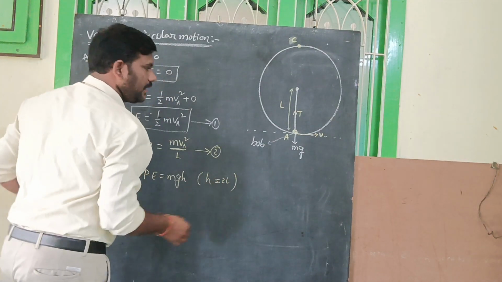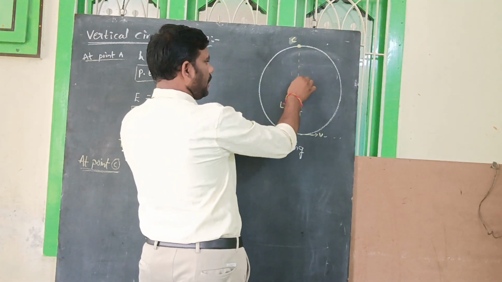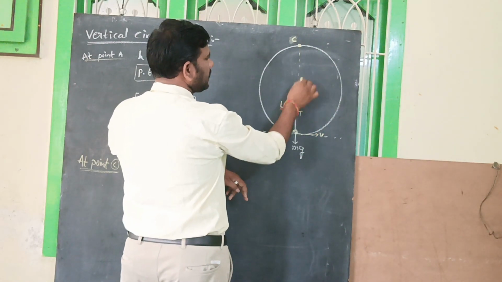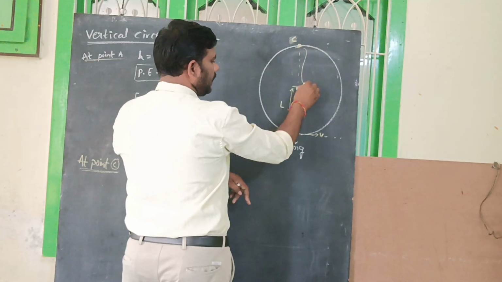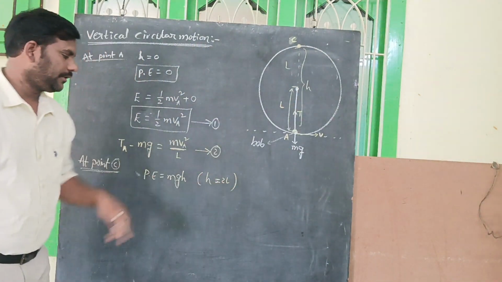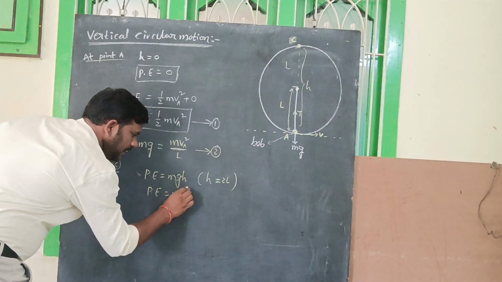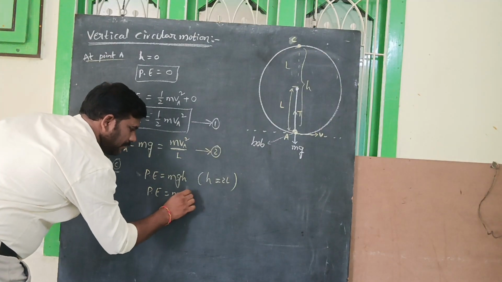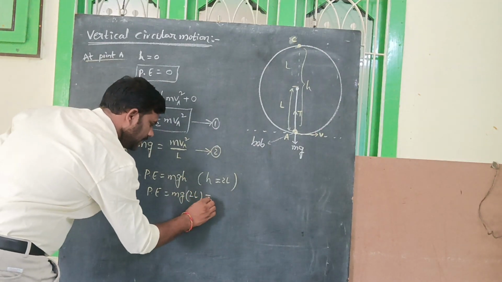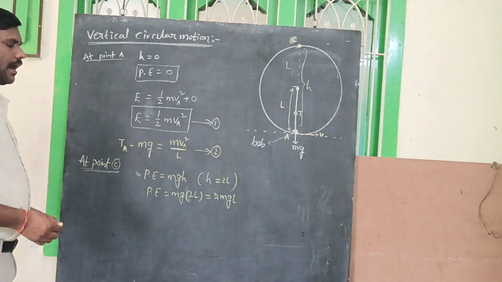In this vertical circle, the total height is h, this length is L and this length is also L, so h equals L plus L, that is 2L. Replacing h with 2L, the potential energy is 2mgL.